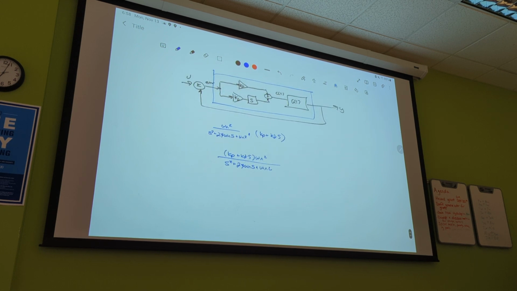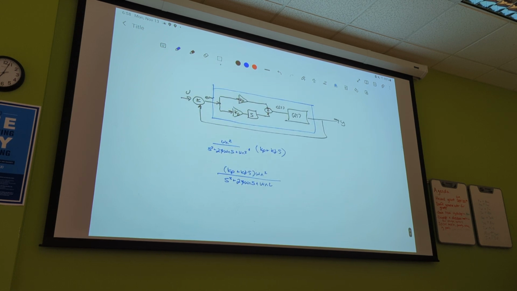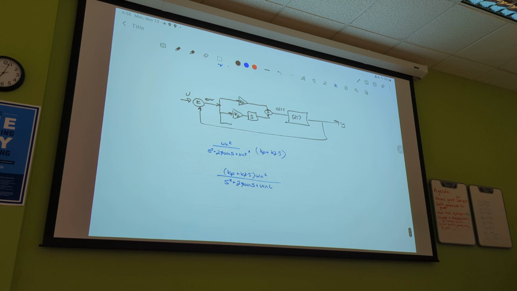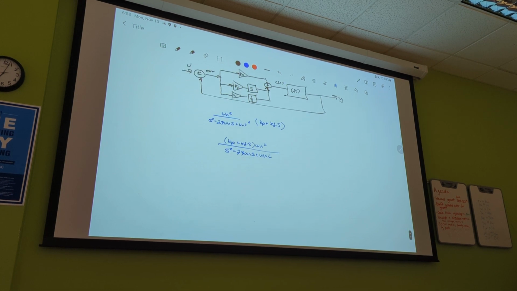Okay, so now we want to change this, so we're going to add an integral controller. And we're gonna add that there as well. So what changes here is, we're gonna add a third term, that's gonna be ki times 1 over s.